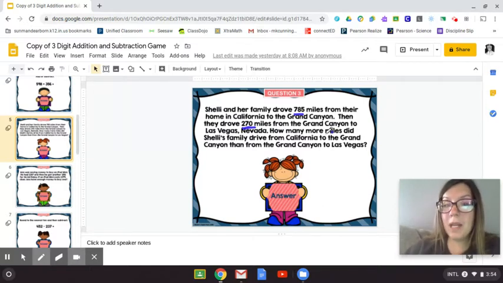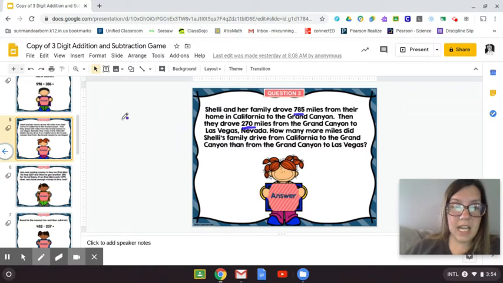It's asking how many more miles did Shelley's family drive from California to the Grand Canyon than from the Grand Canyon to Las Vegas? So we have to subtract in this, and we have to take 785 minus 270.